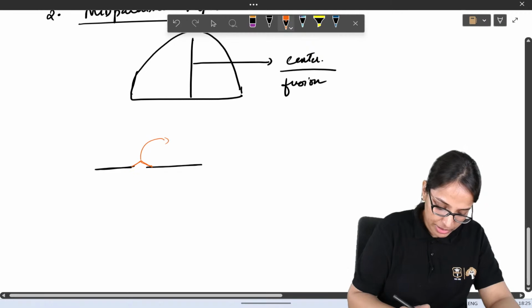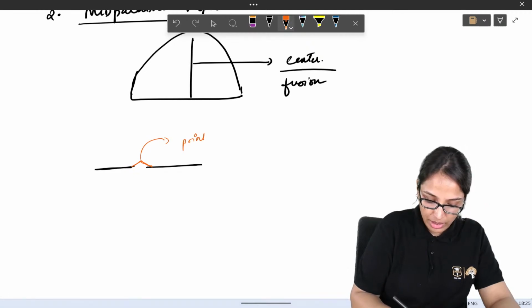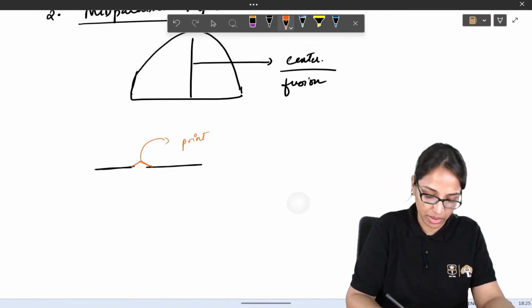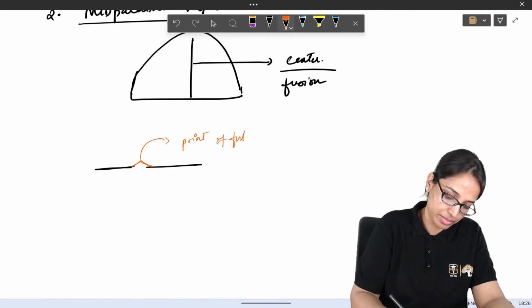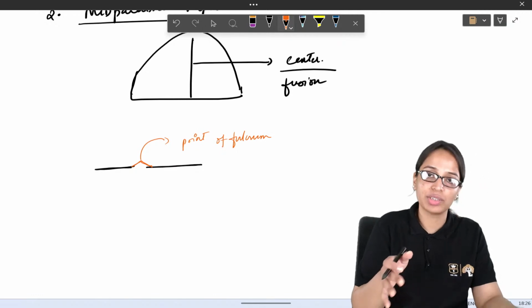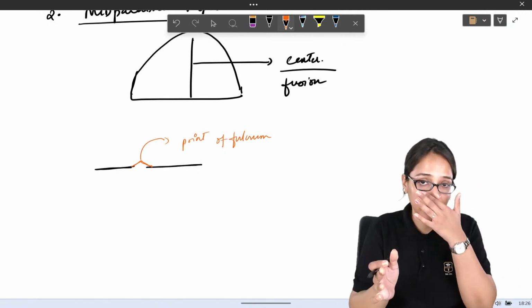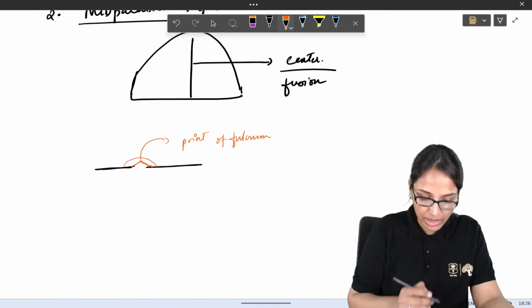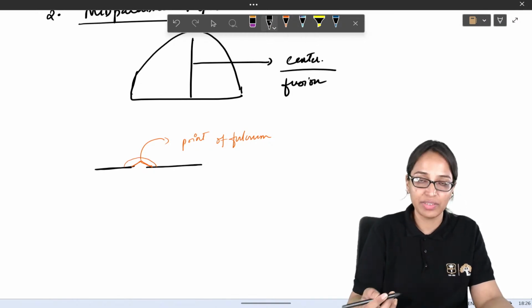This elevated point becomes a fulcrum over which our denture can rock and then eventually fracture. So this is the reason you need to block it and relieve it.